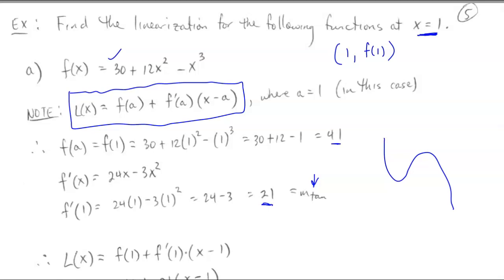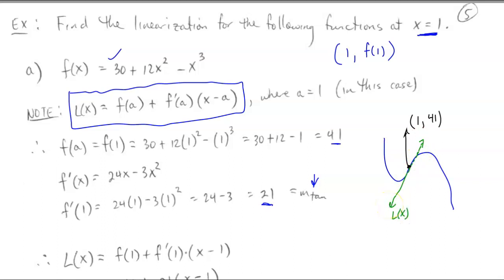Let's say at this point here we have the point 1, f of 1, which is 41. And we have this line here that goes through that point. This line is what L of x is going to be.